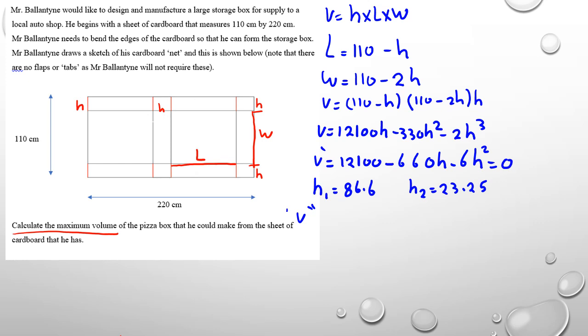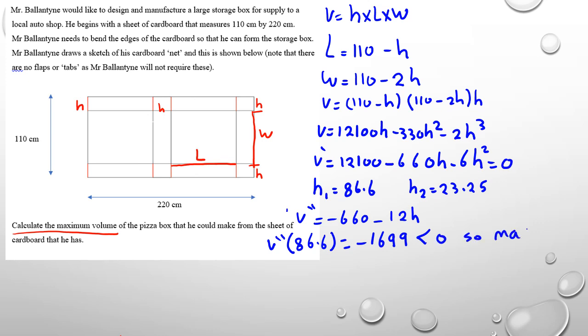So the second differentiation is negative 660 minus 12h. Now I will substitute the first h into the double differentiate function, and that's giving me negative 1699, which is less than 0, so it's a maximum.